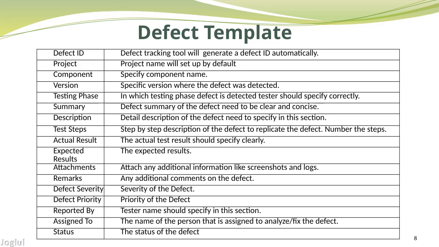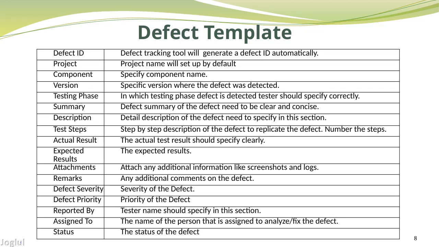It's important that testers accurately specify the testing phase when the defect was detected because this helps prioritize fixes. The summary should be brief but clear, giving an immediate idea of the issue, while the description provides detailed information to understand the problem fully.